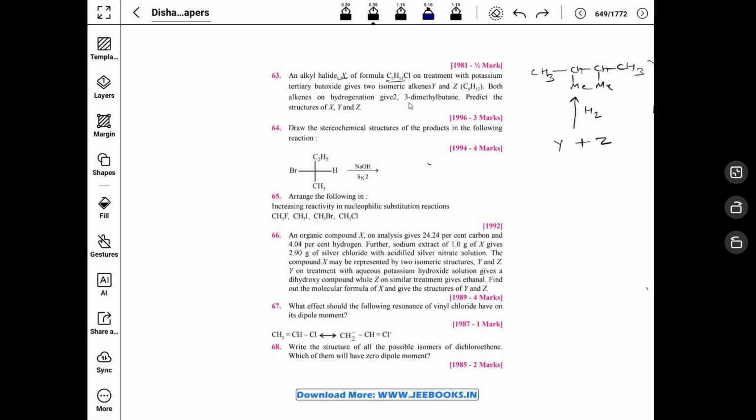Both are giving the same product. So we can say that there are two possibilities: the double bond can be at the terminal position and in the middle.